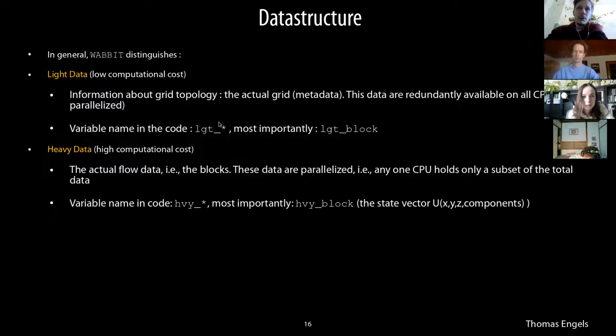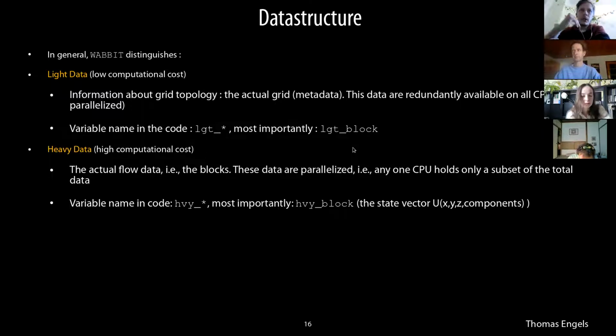And what we did a few years back, and this turns out to be a very good idea, all variables in the code which concern this light data have a prefix called LGT, and the most important one is called LGT block, but I will explain it a little bit later. But this is the state vector, and unfortunately, sometimes our nomenclature is not so consistent, because it would probably be good to call it LGT state vector or something like that.